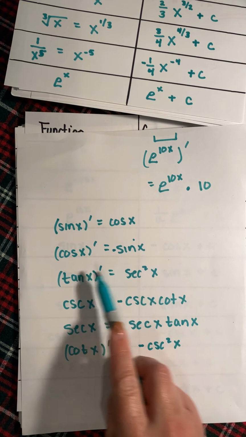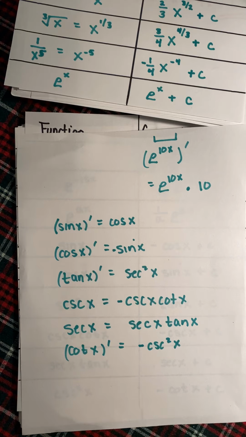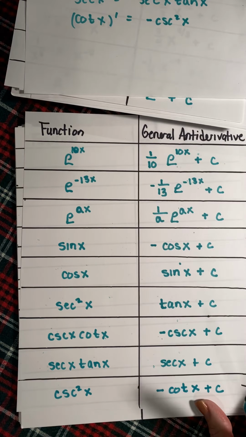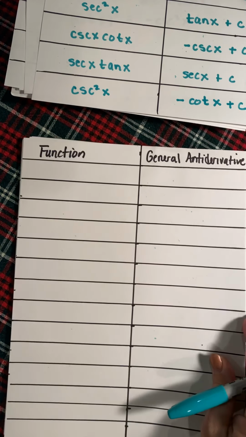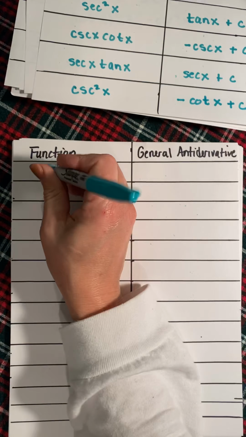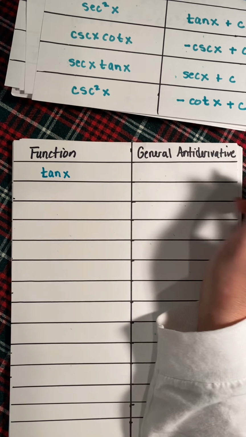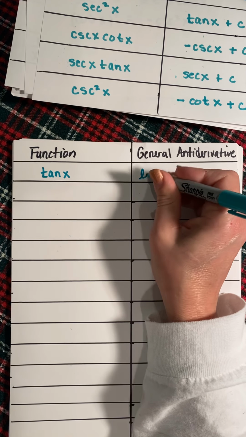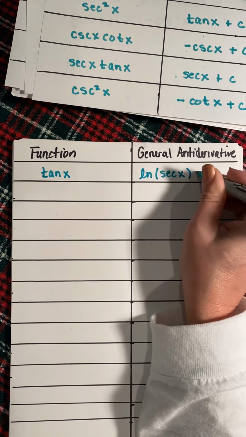We know the derivative of the tangent is the secant squared, so the antiderivative of the secant squared is the tangent, but what function has derivative tangent? Well, we're going to eventually get to the proof of this, but the antiderivative of the tangent of x, I'm just going to tell you what it is, is the natural log of the secant of x.